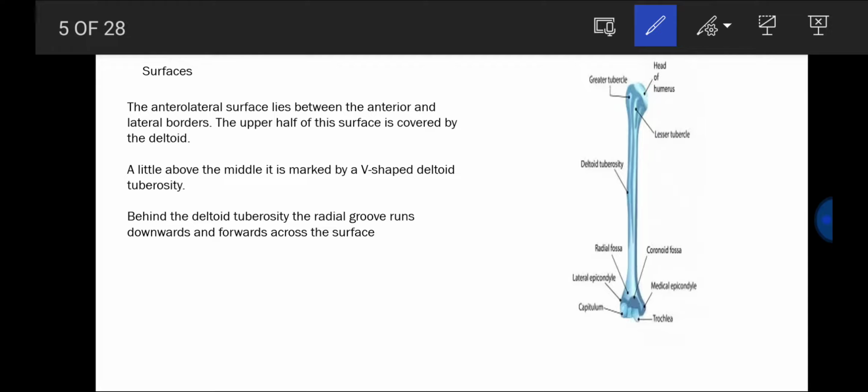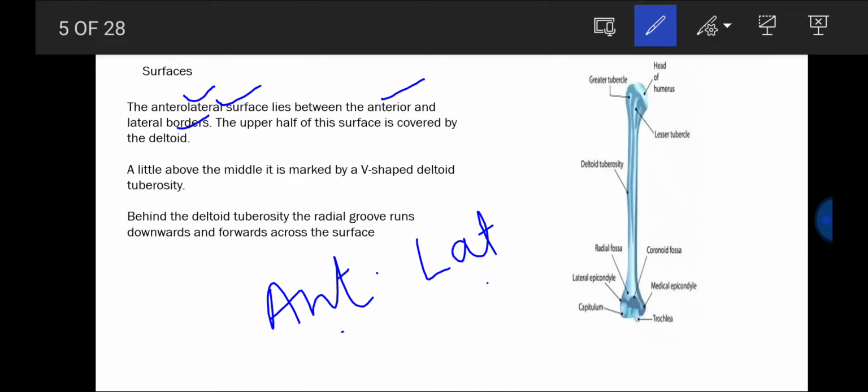Now the surfaces. The anterolateral surface lies between the anterior and lateral borders. The upper half of this surface is covered by the deltoid.